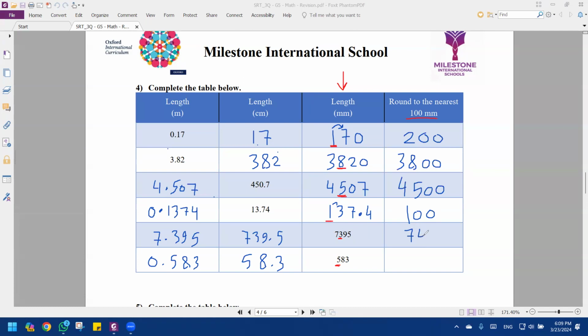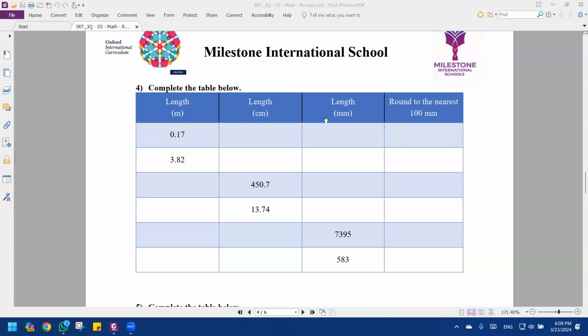Round up, be 400. Then 583. We check at 8 is round up. So 5 will be 6. And then we put 100. So this is how we round to the nearest 100 millimeter. So we underline the 100 digit and then we check behind it.